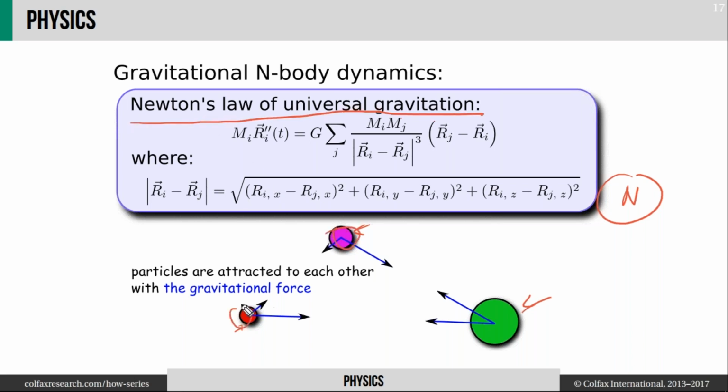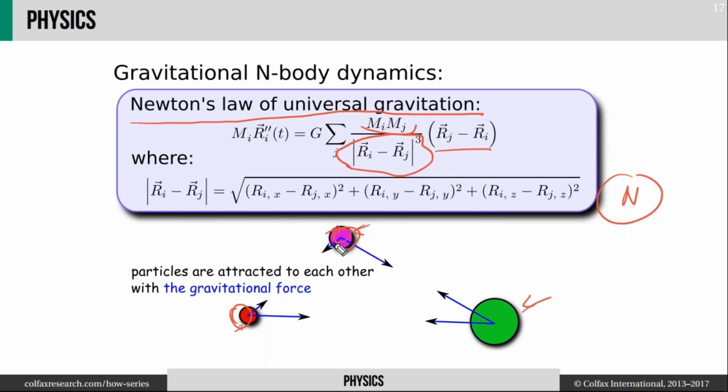If you just take 2 particles, they pull each other, and the force of this pull is the product of their masses divided by the square of the distance between the particles and multiplied by the direction vector. Well, to get the direction vector, we actually used the distance vector in numerator, and instead of a square, we used a cube in denominator.